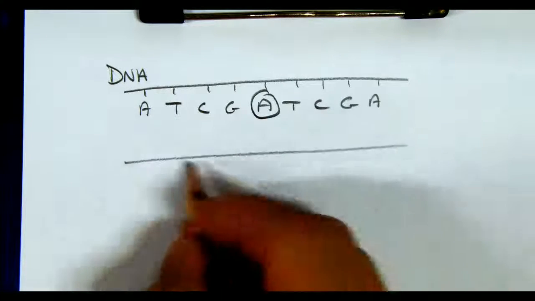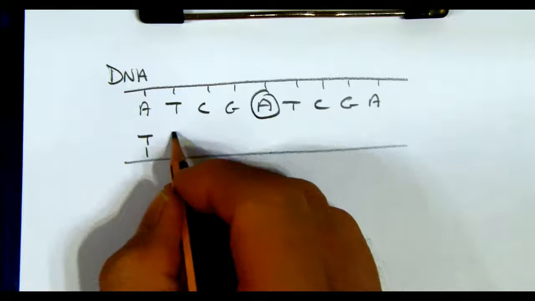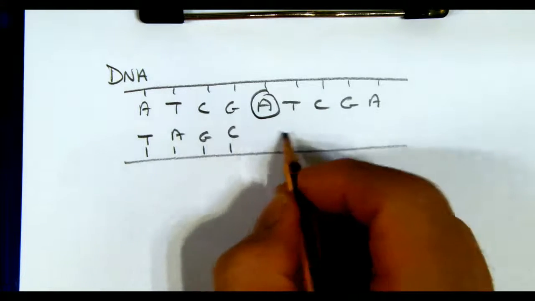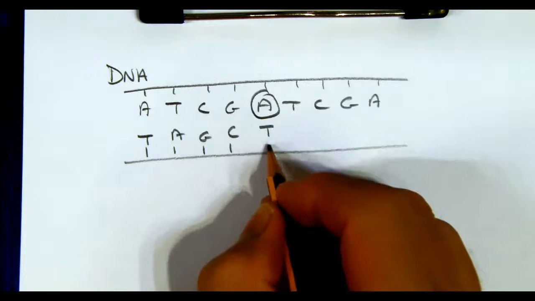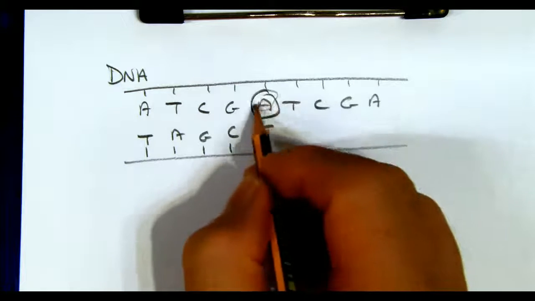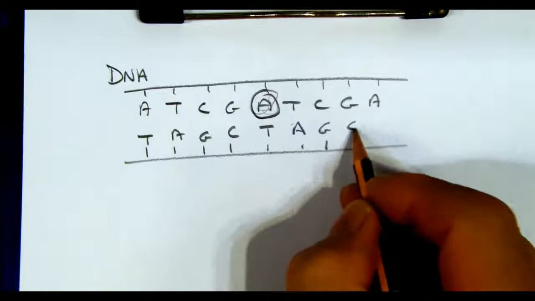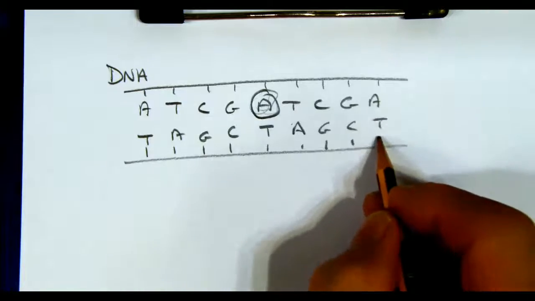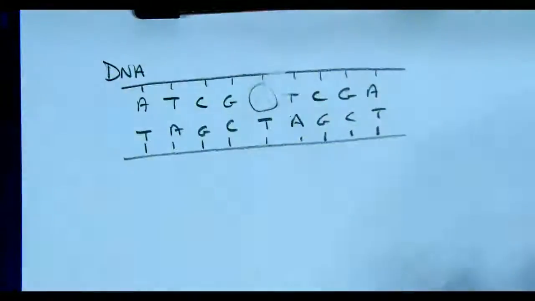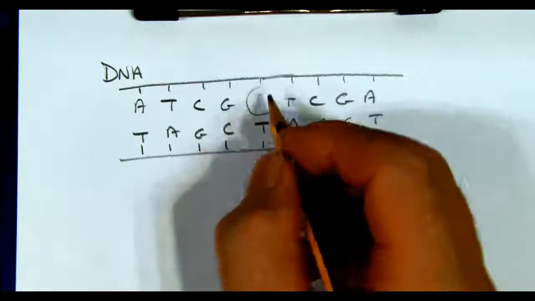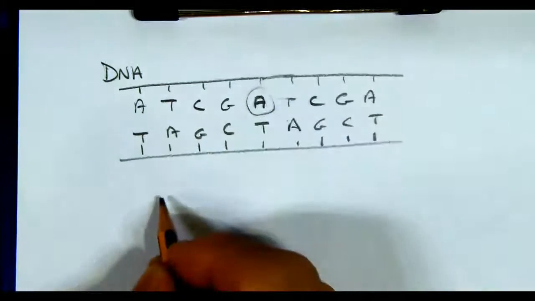Now, this happens all the time, but if we look at our double helix, if I remove this group here, then the self-repairing system would come along and say, ah, look, you've got a T here, so I would have to replace this with an A.